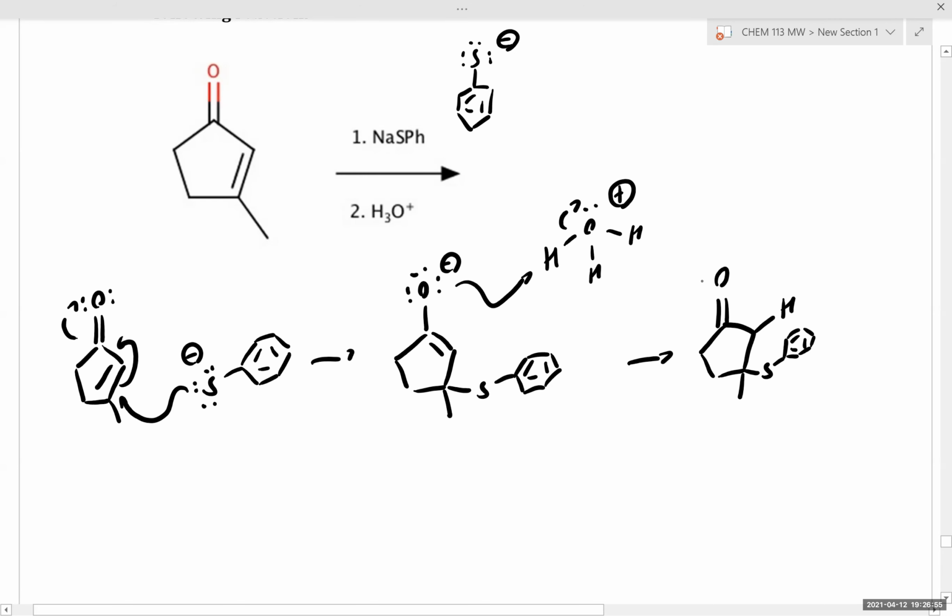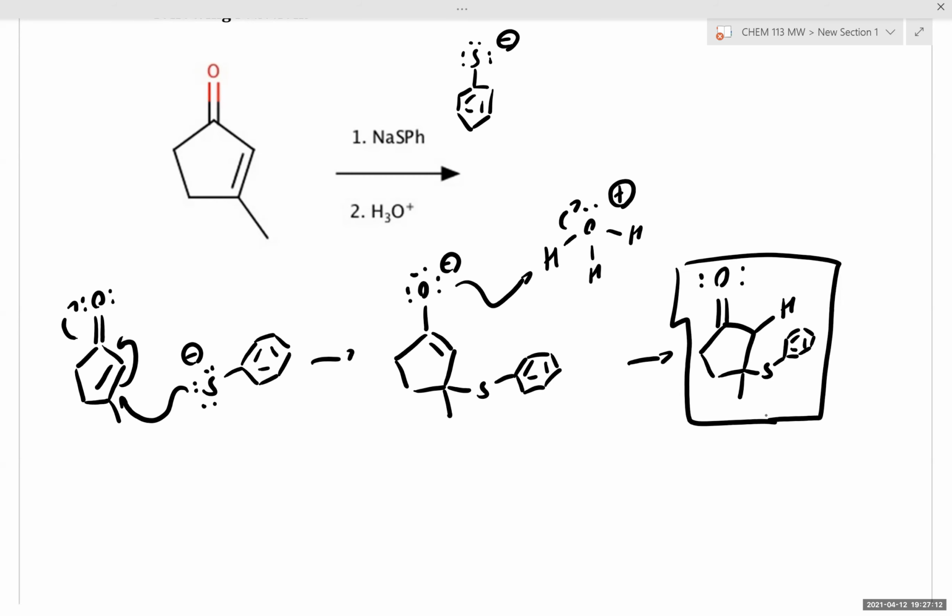That in turn gives us our isolable 1,4 addition product. Does this mechanism make sense to everyone? Any questions on this mechanism?